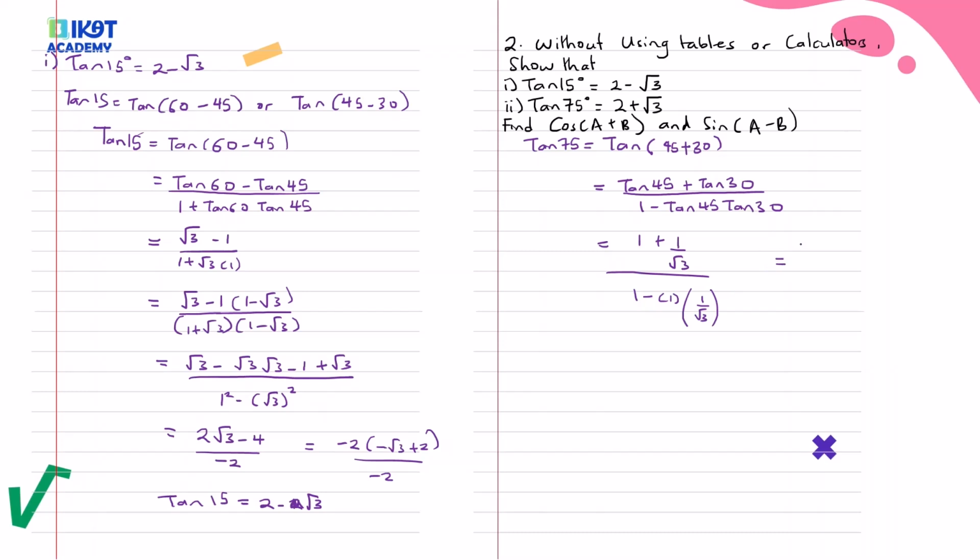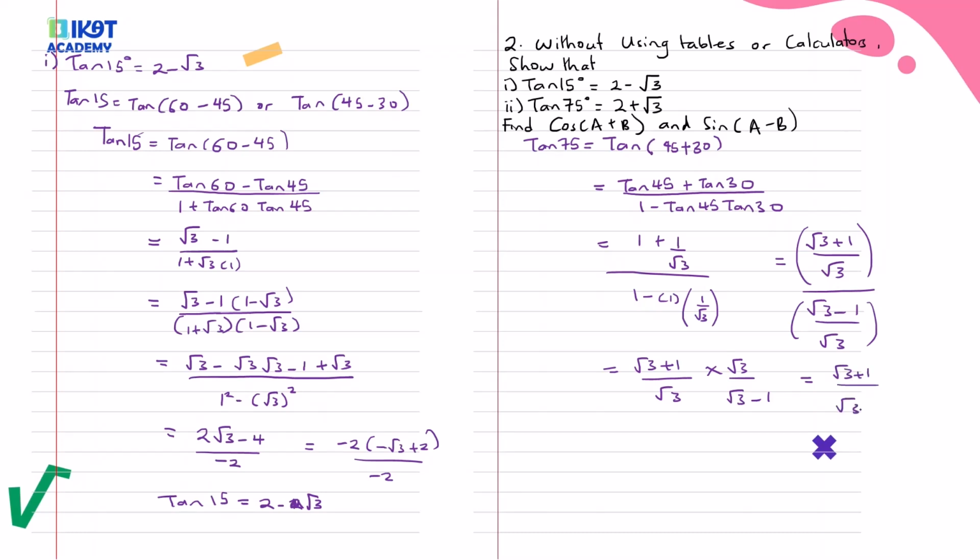So here you have root 3 plus 1 out of root 3 out of root 3 minus 1 out of root 3. So this is going to be root 3 plus 1 out of root 3 times root 3 out of root 3 minus 1. So here what do we have? We have root 3 plus 1 out of root 3 minus 1.